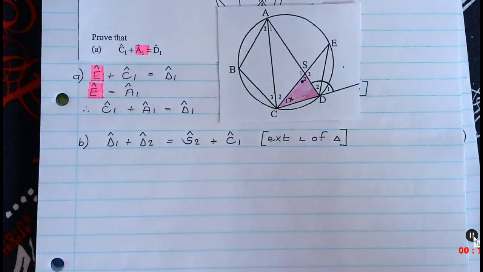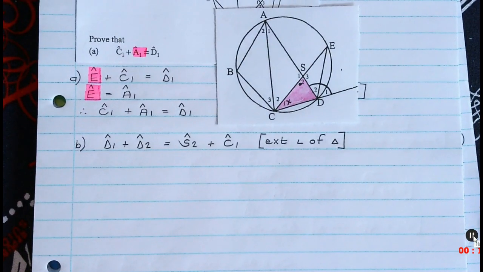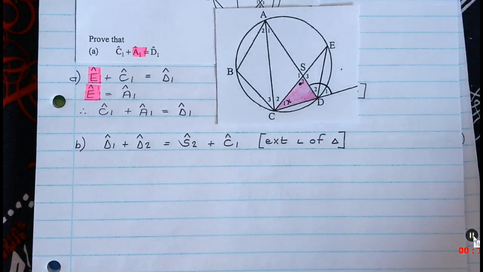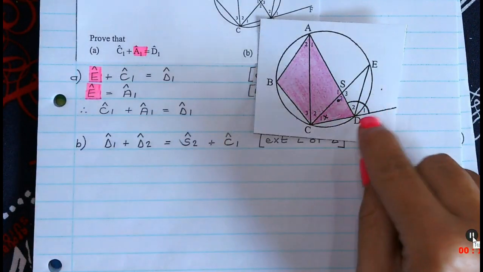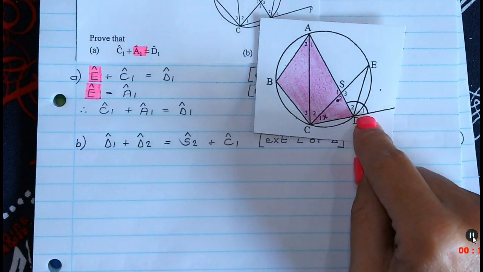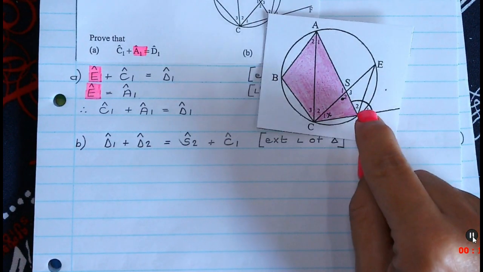So now a little bit to be awake, I want to show you the next thing. So in fact, ABCD is a cyclic quad. Now, this is still an exterior angle of the cyclic quad. And what do I know about this exterior angle of the cyclic quad?